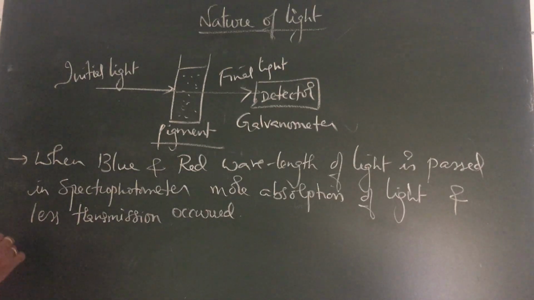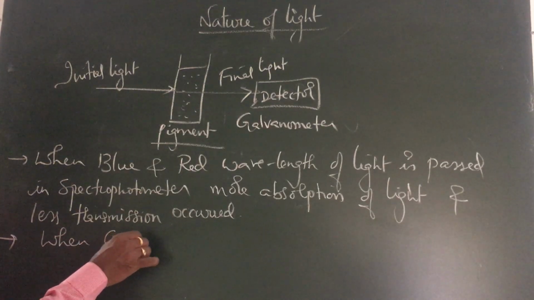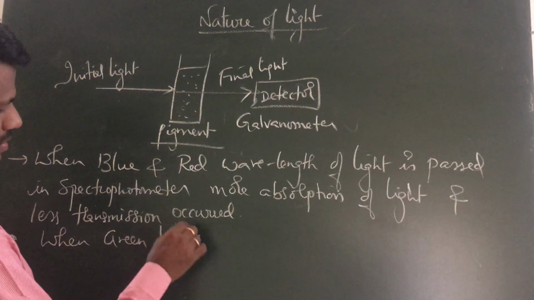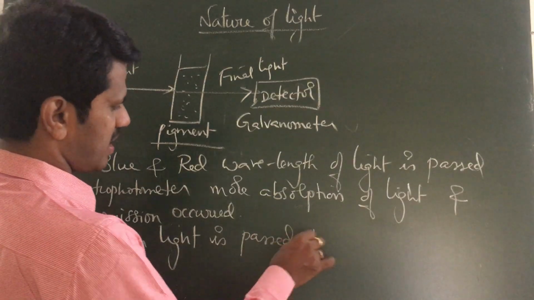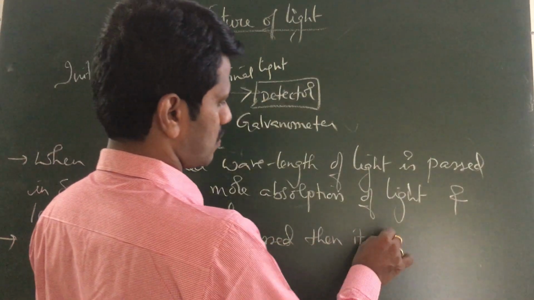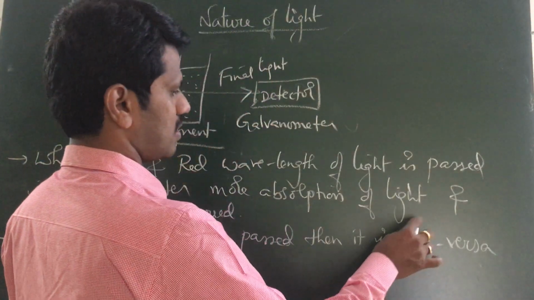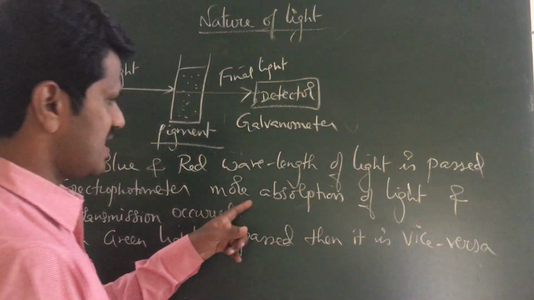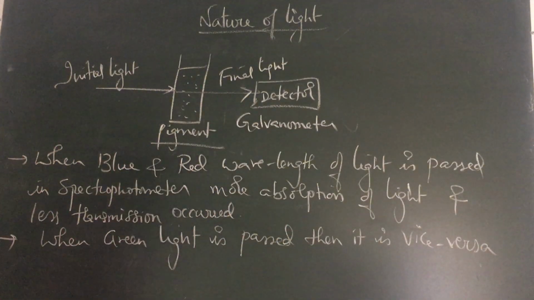Green light. So vice versa with green light. When green light is passed, it is vice versa. That means there is less absorption of the light and more transmittance.